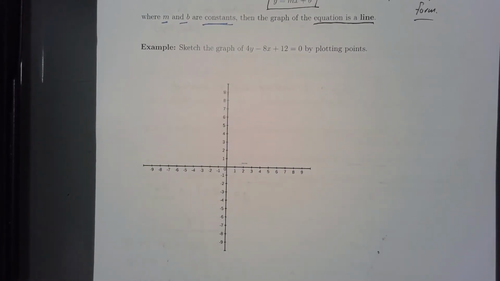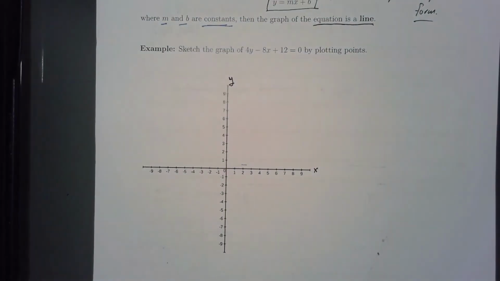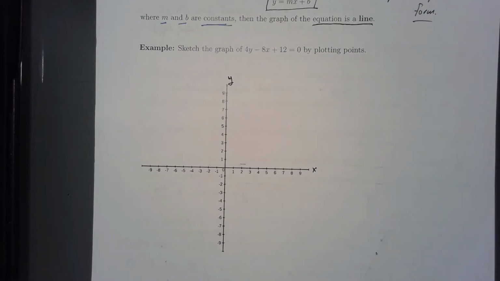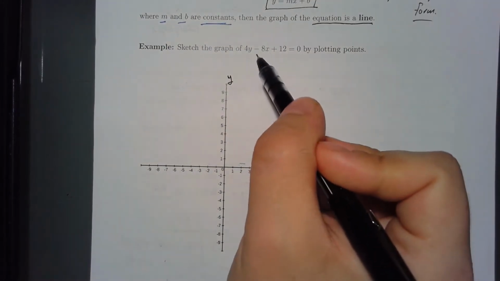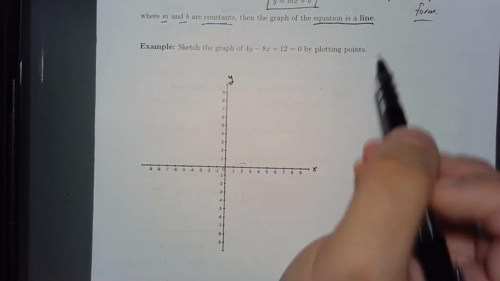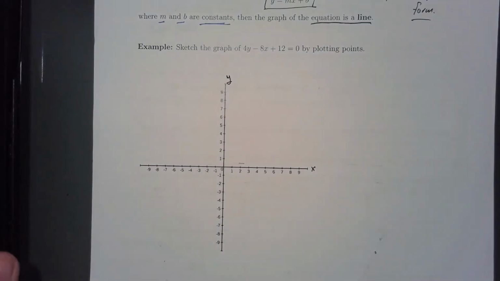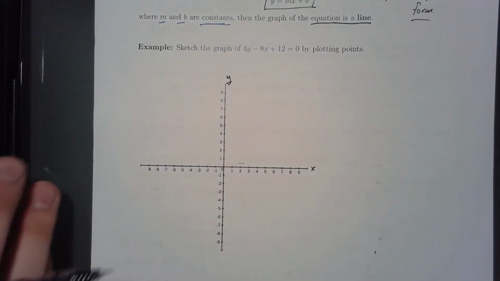So sketch the graph of 4y minus 8x plus 12 by plotting points. Well, I could plot points right now. Let me label my axes. I could make a table and plot in values, but there's something wrong with this equation right now.